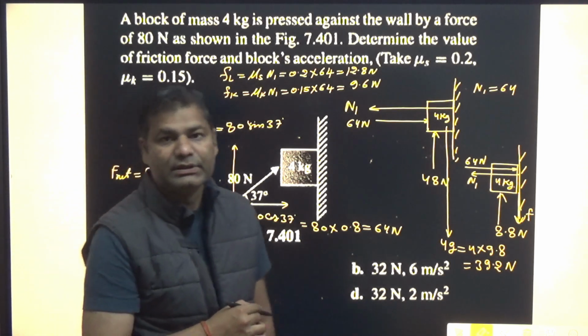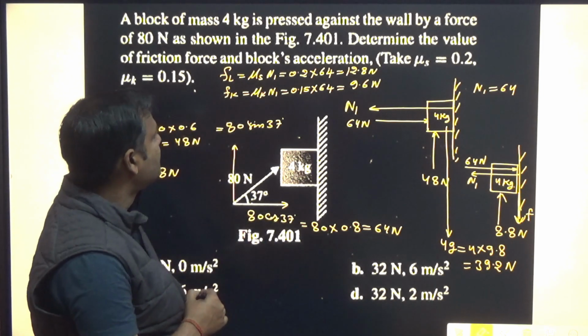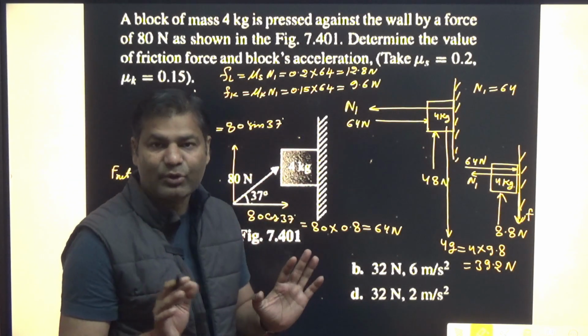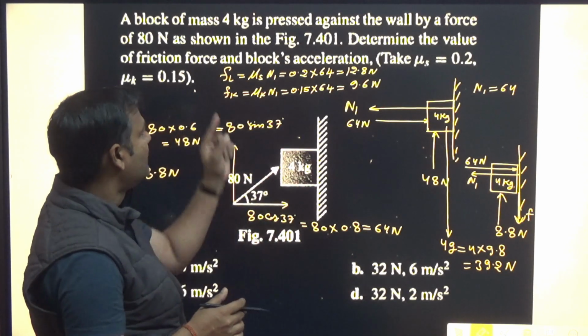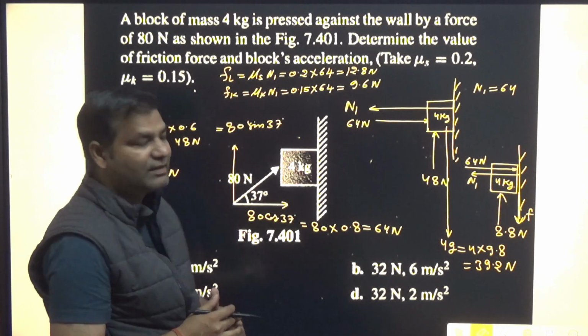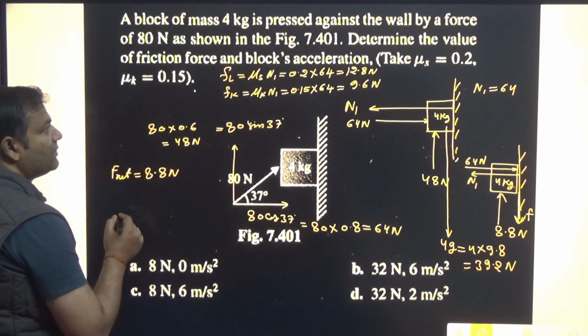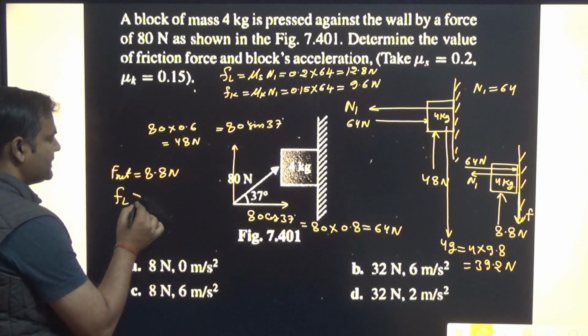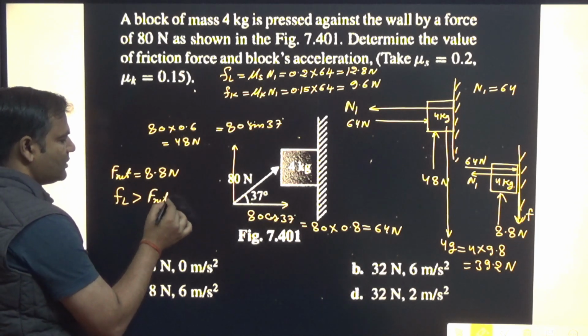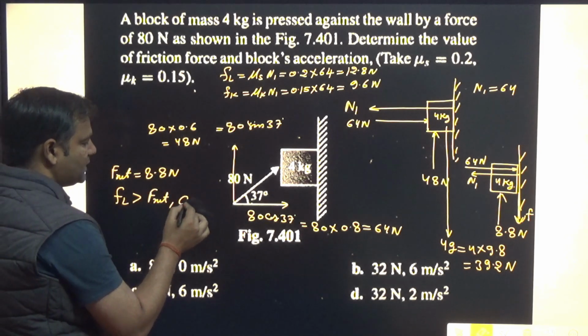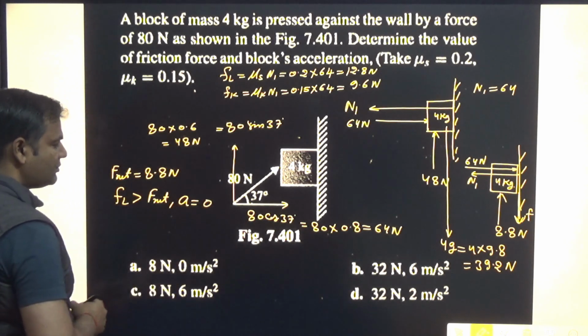Now the frictional force limiting value is 12.8. It means the block is not moved, because the limiting friction is greater than the applied force. FL is greater than F net, so motion is not possible. So a is equal to 0.